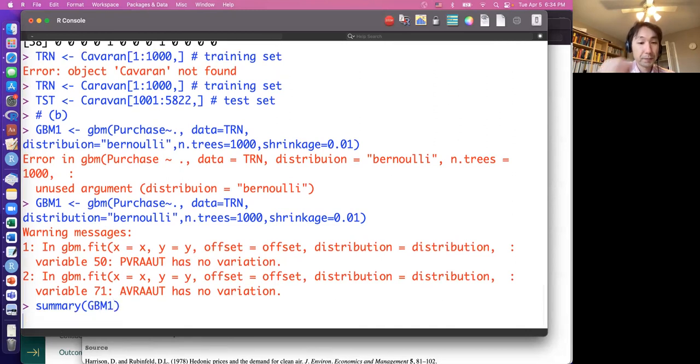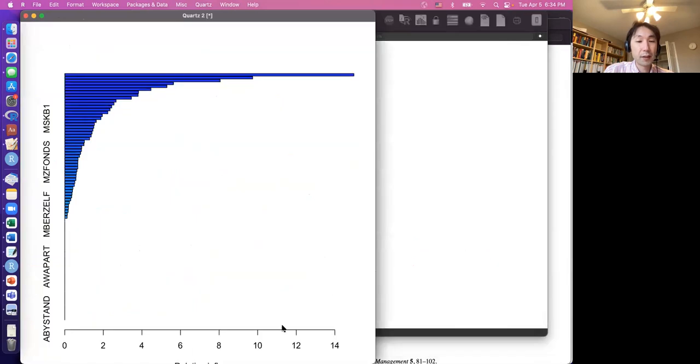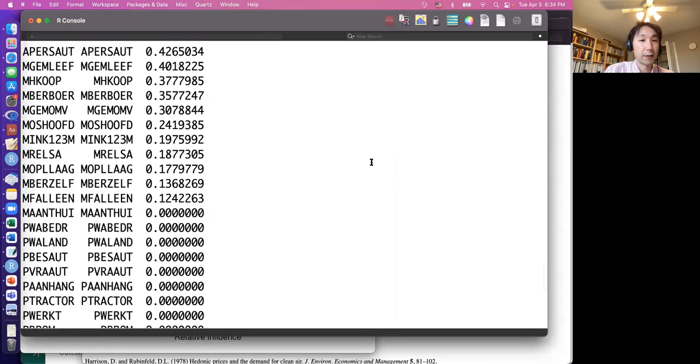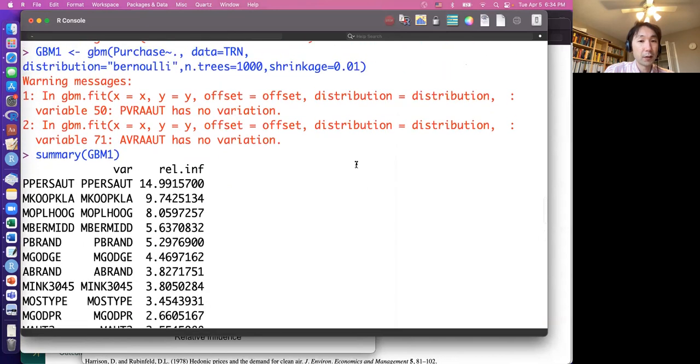And then summary, GBM1. So this is the summary result. The most useful variable has this contribution. I think this is the percentage increase in MSE, and this one is maybe 15% and so on. We can see the relative influence of each variable.